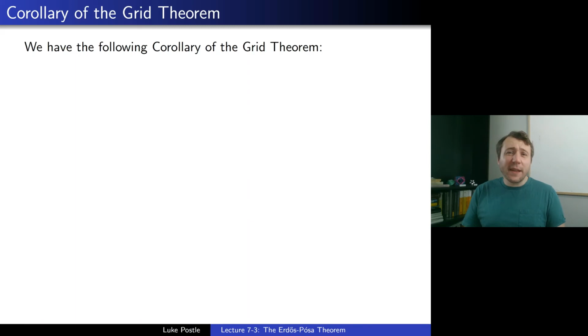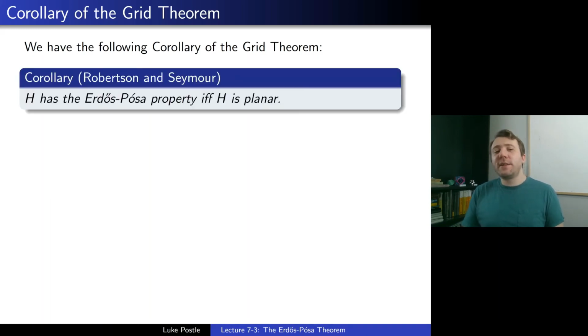It turns out we can precisely figure out the answer to this question, and it's a corollary of the grid theorem. This is where it ties back in. That grid theorem, which again was hard to prove, five or ten pages, gets very technical, with a lot of nice ideas we didn't go through, implies this very strong generalization of the Erdos-Posa theorem. Namely, the corollary by Robertson and Seymour via the grid theorem is that H has the Erdos-Posa property if and only if H is planar.